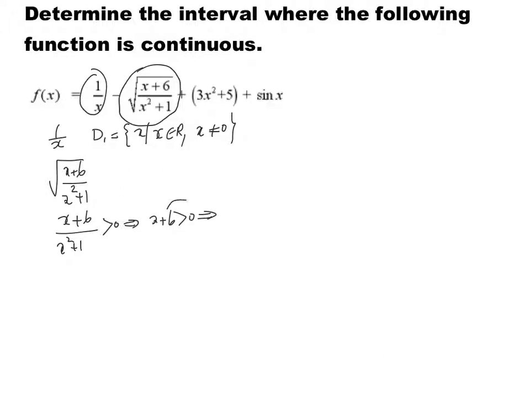So if I move 6 to the right, I get x has to be greater than negative 6. So the domain of this one, call it d2, is equal to x such that x is in R and x has to be greater than negative 6.